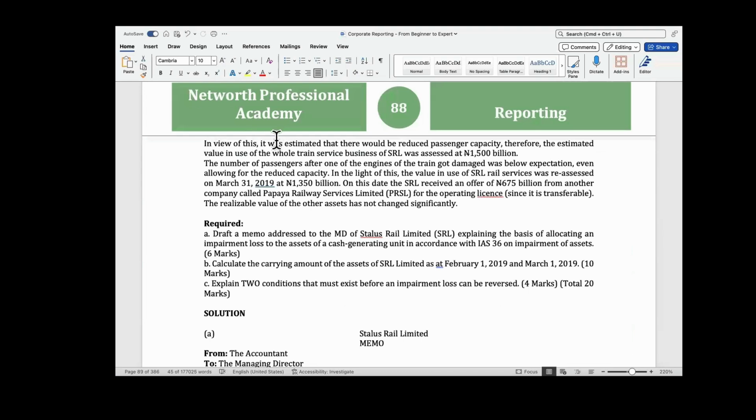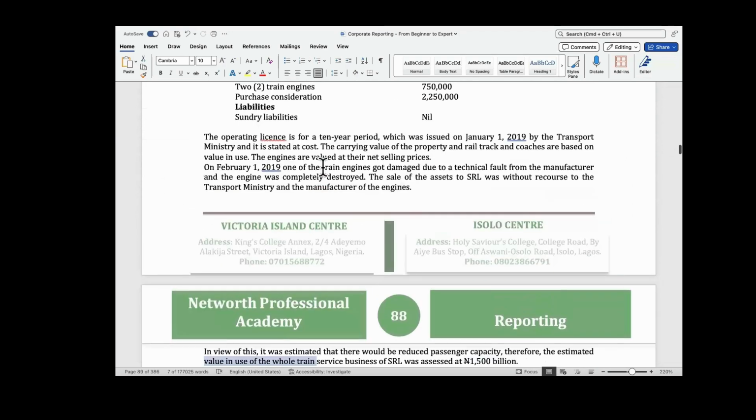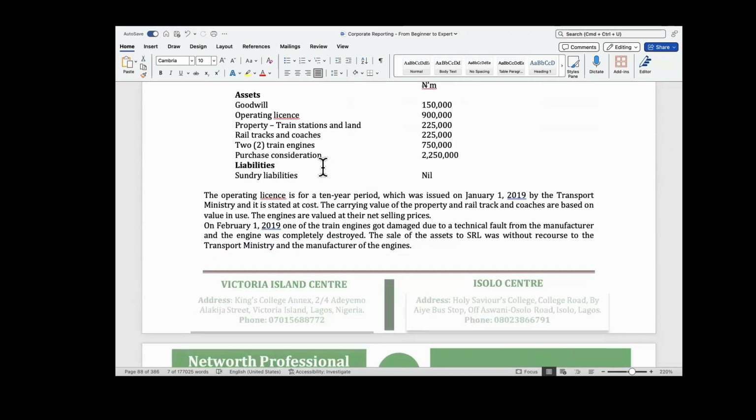Okay, let's go to the next paragraph. They now said, in view of this, it was estimated that there would be a reduced passenger capacity. Therefore, the estimated value in use of the old train services business of SRL was assessed at 1.5 billion. So they are giving us the value in use of the entire train. That shows they are seeing this entire train as a CGU.